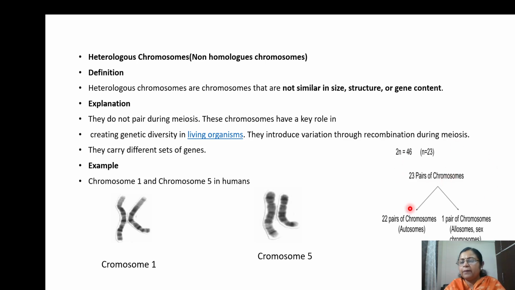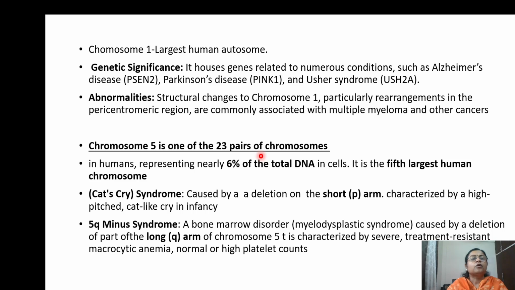There are 23 pairs of chromosomes. 22 pairs of chromosomes are autosomes, whereas one pair of chromosomes is known as allosomes or sex chromosomes. Chromosome 1 is the largest human autosome.